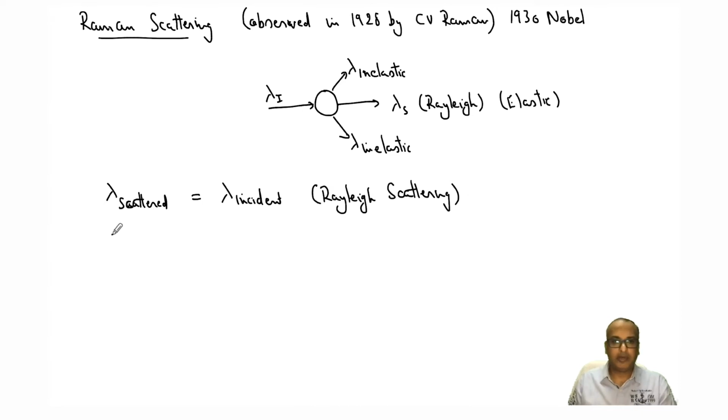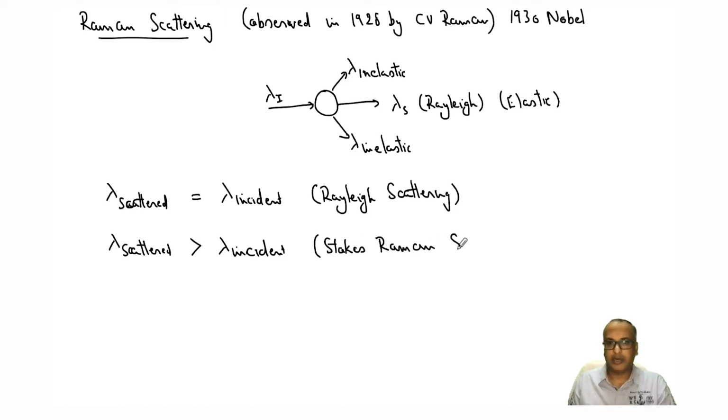Now if lambda scattered is greater than lambda incident, so that means there is increase in the wavelength, then it is called Stokes Raman scattering.